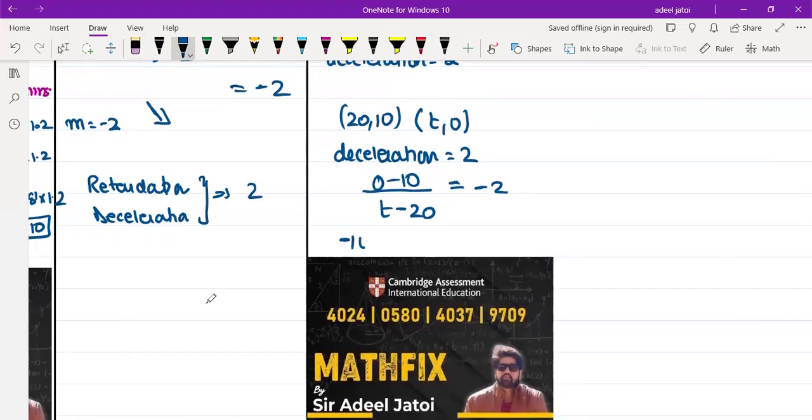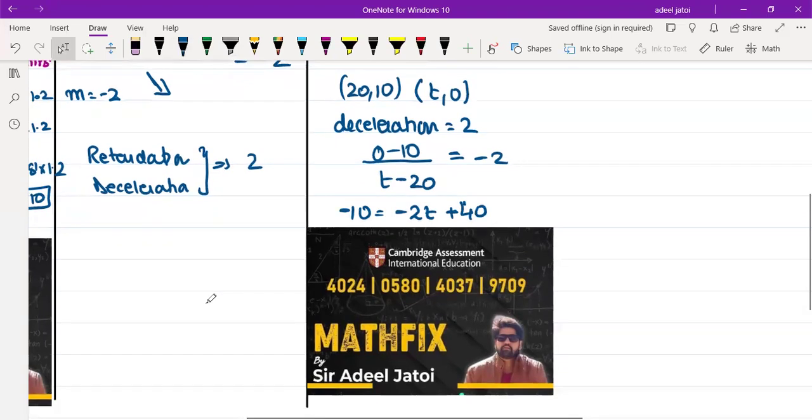This means minus 10 is equal to minus 2t, and obviously minus 2 into 20 becomes plus 40.